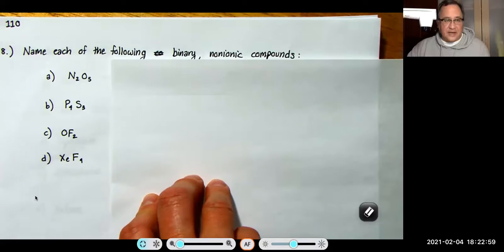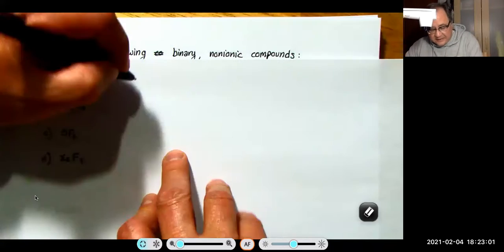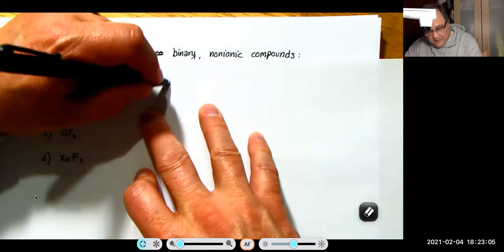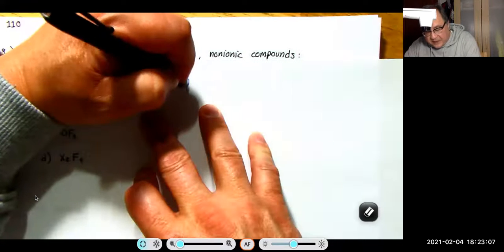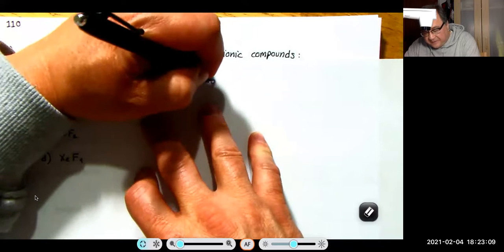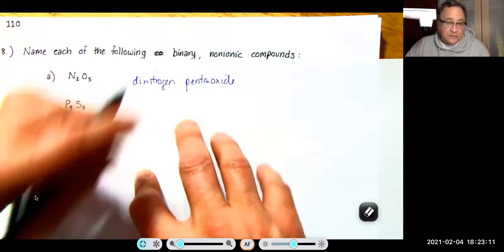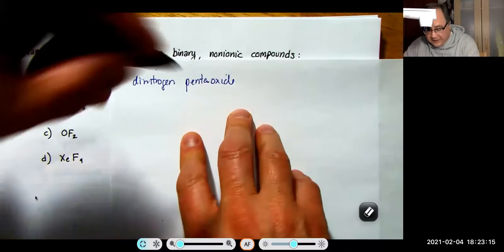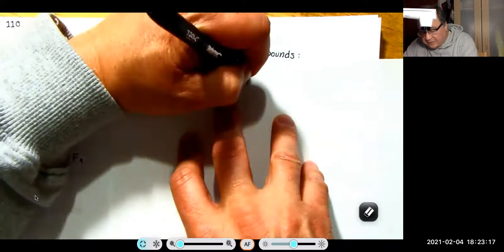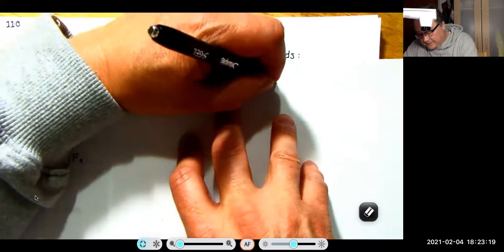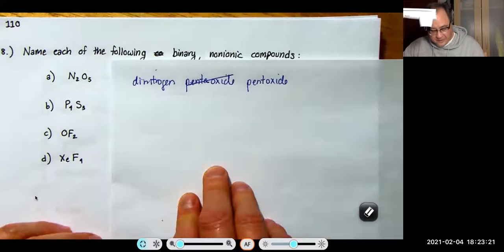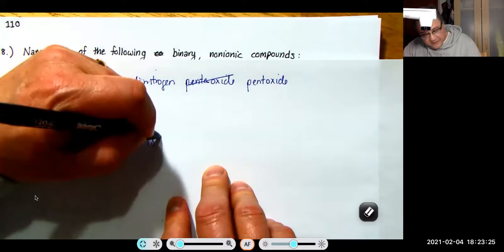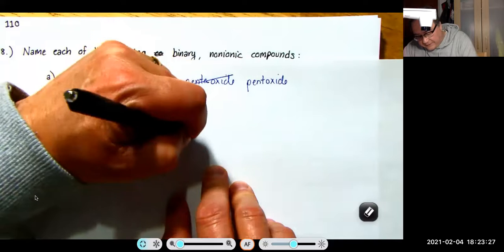Okay, let's take a look at A, dinitrogen pentaoxide. A lot of times when we have 2 vowels together like this, we get rid of one of these. And we like to call this pentoxide. C is going to be oxygen difluoride.